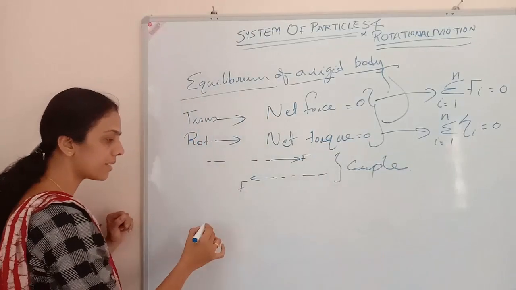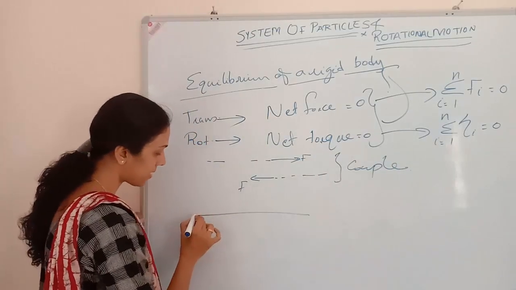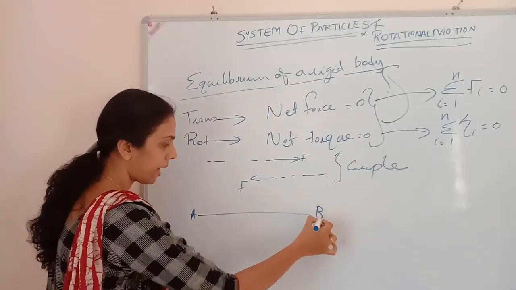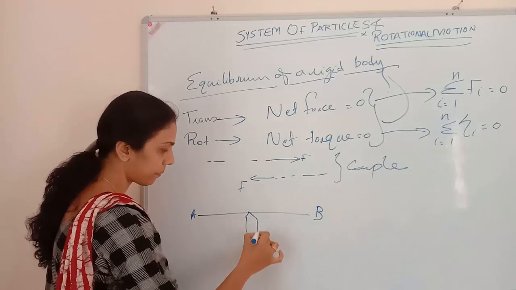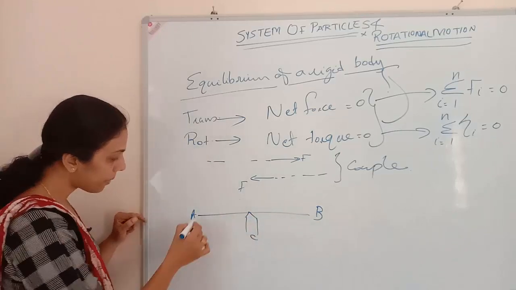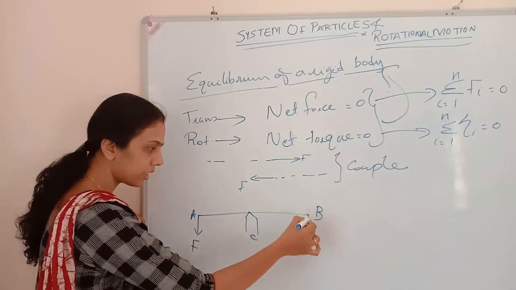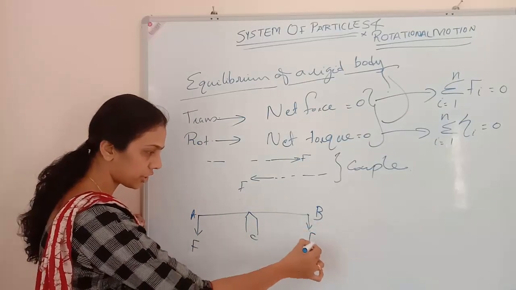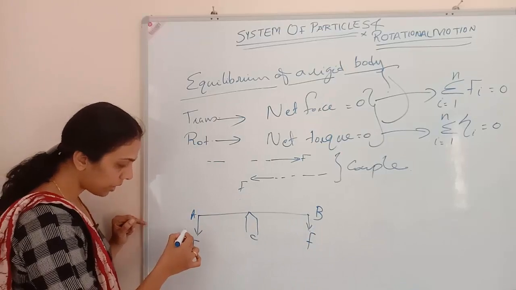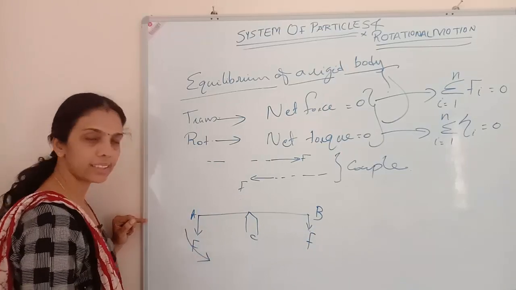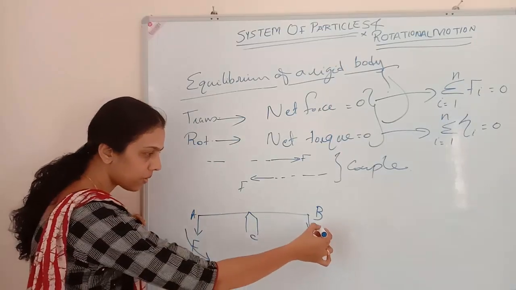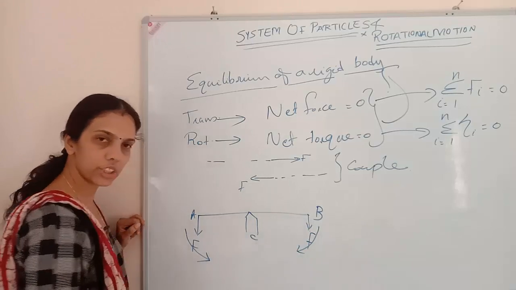See, if I am considering a rod AB which is fixed at the point C. I am applying a force in this direction and I am applying another force in this direction. So what will be the rotational effect over here? It will be acting in this direction and this will be acting in the opposite direction.